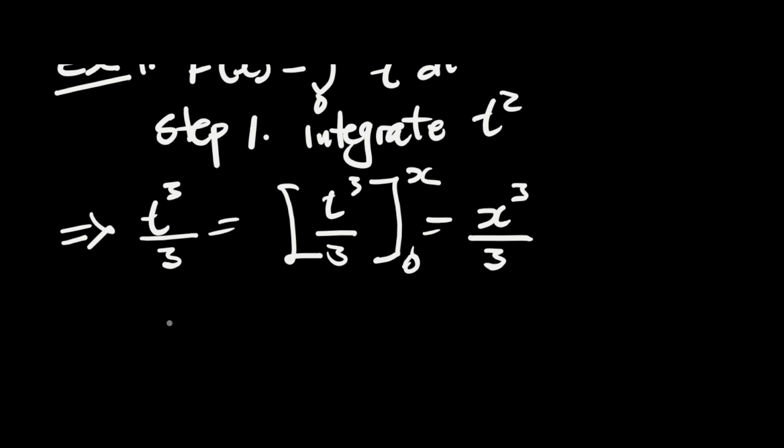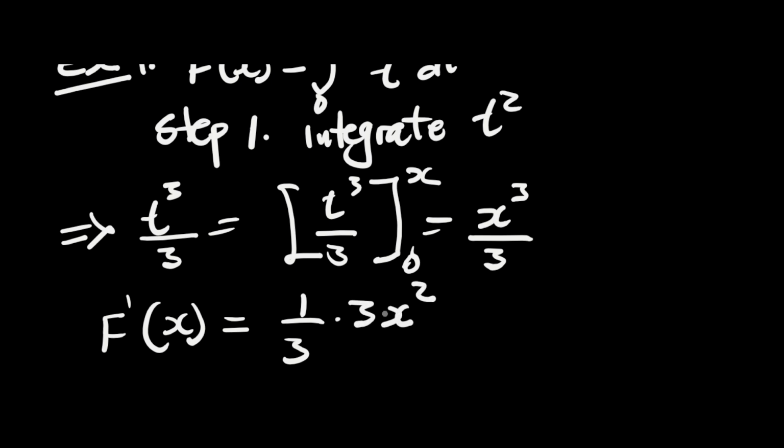To find the derivative, f prime of x will be 1 upon 3 times the derivative of x cubed, which will be 3x squared. The 3 cancels 3. So our final answer will be x squared. Now we have the same function, t squared, but in terms of x: we get x squared.